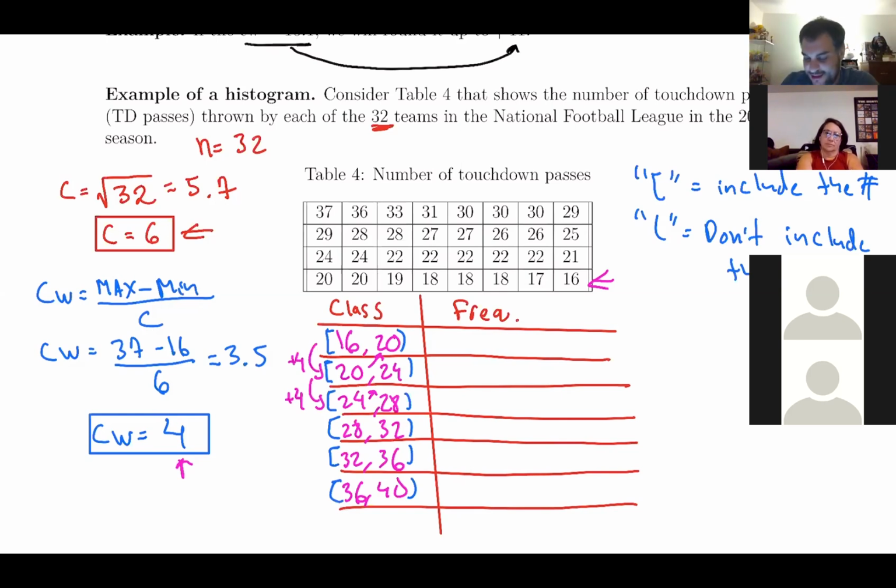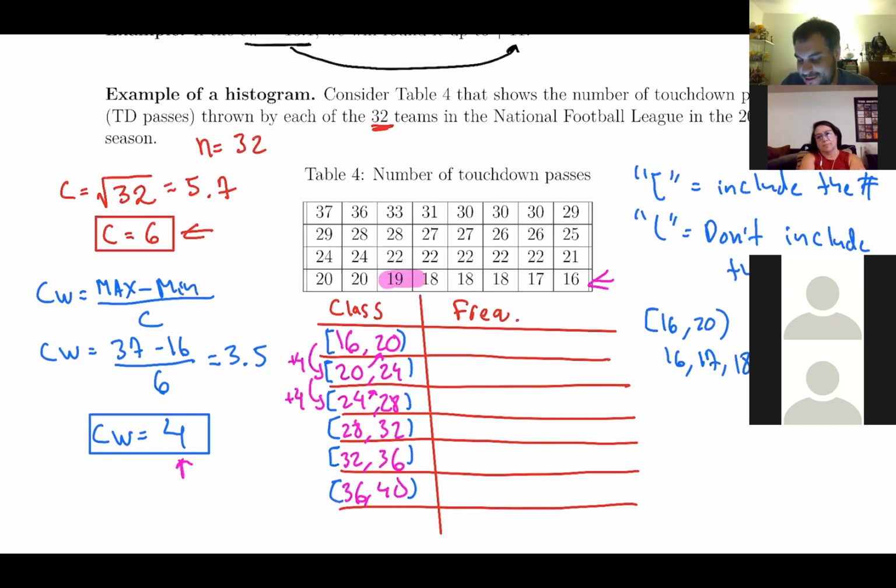So say for this first one where it says 16 to 20, this means if it's a 16, if it's 17, if it's 18, if it's 19, all of them are included in this interval, but 20 is not, because 20 has a parenthesis. So for this one, how many numbers do we have that fall between 16 and 20, but not including 20?